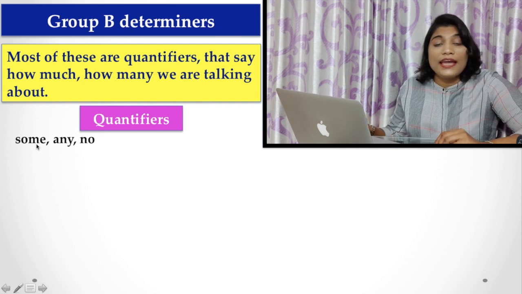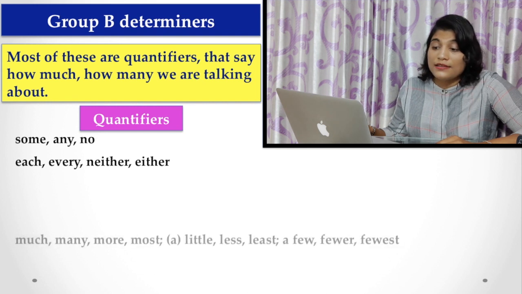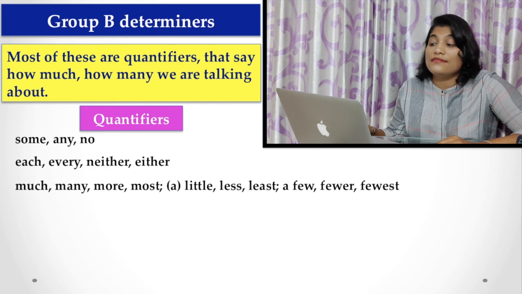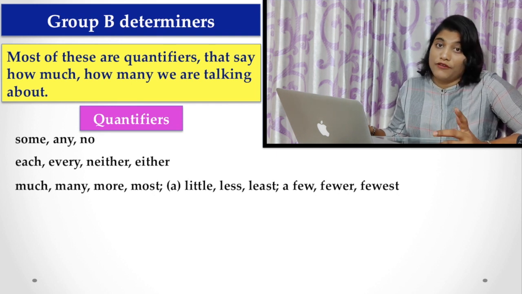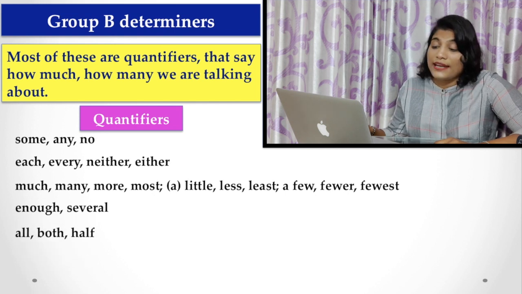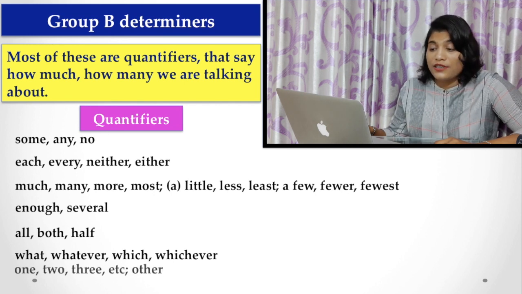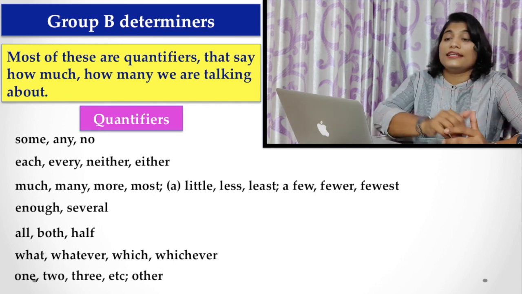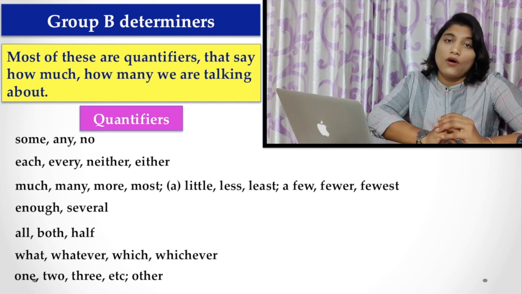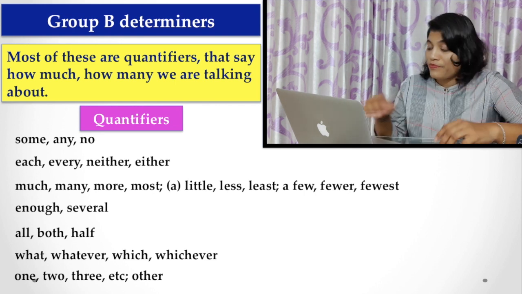Some, any, no, each, every, neither or either, much, many, more, most, a little, less, least, a few, fewer, fewest, enough, several, all, both, half, what, whatever, which, whichever, etc., or numbers like 1, 2, 3, etc., and other. All these are called quantifiers because they are talking about how much or how many.